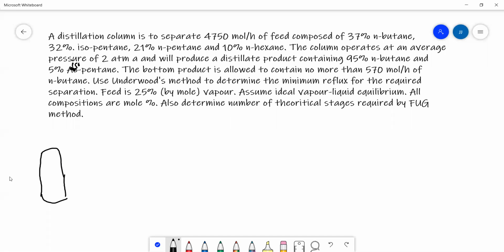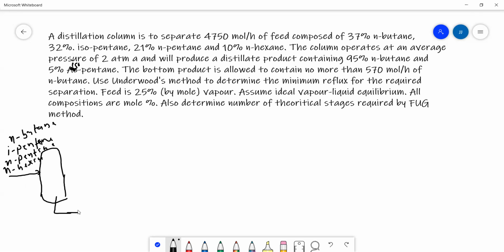Here in the feed, we have four components, that is n-butane, this is in feed, i-pentane, this is isopentane, and then n-pentane, and n-hexane.